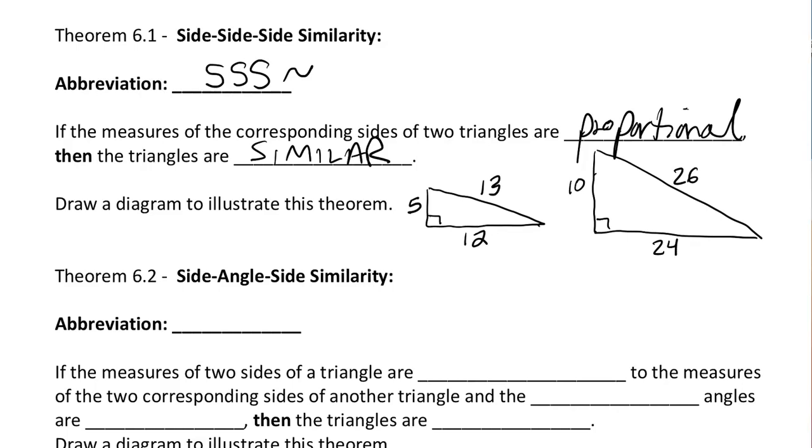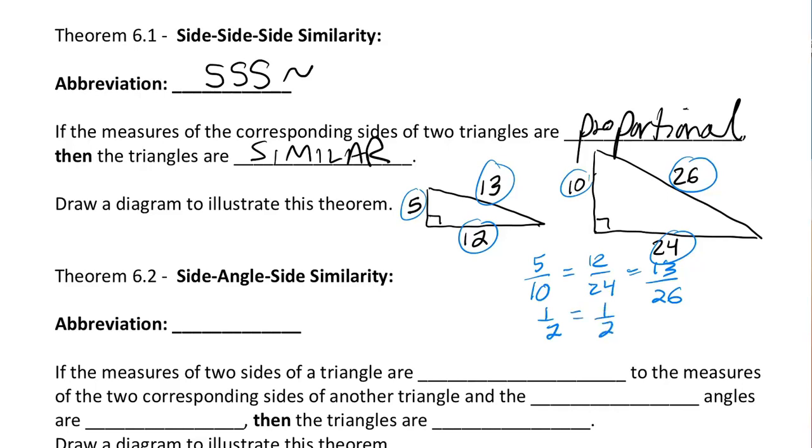We can see these are going to be similar triangles, as if we match corresponding sides, 5 over 10, 12 over 24, 13 over 26, we see that we get the same scale factor of 1/2, and that all the sides are proportional.